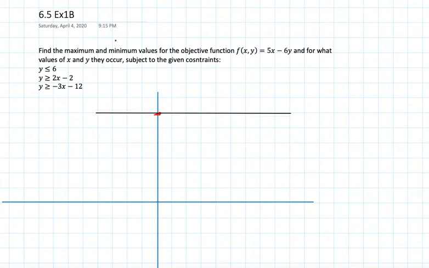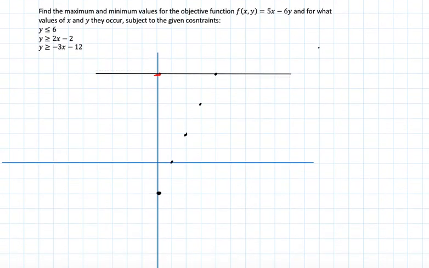Did that just change color? Oh, crazy. Okay, so y is greater than or equal to 2x minus 2. That's already in slope-intercept form, so let's go to -2 and then up 2 to the right 1. And I'll draw myself a little line.